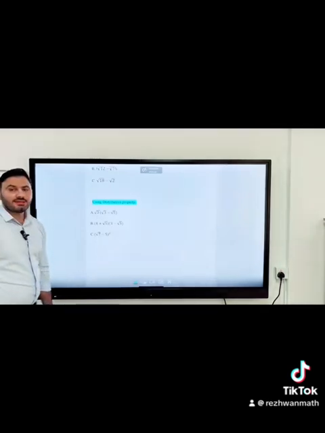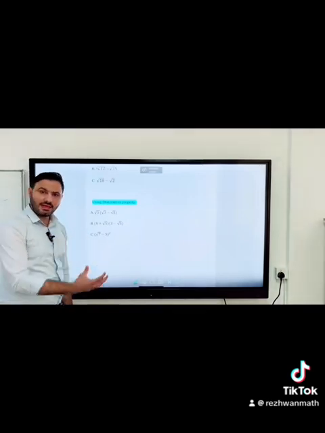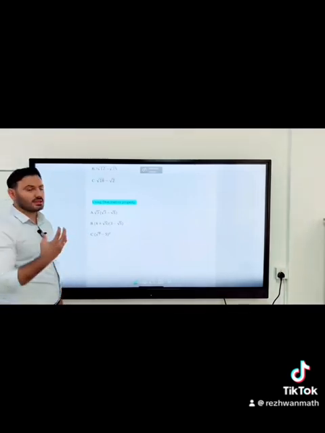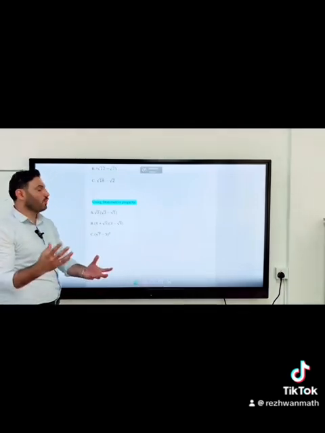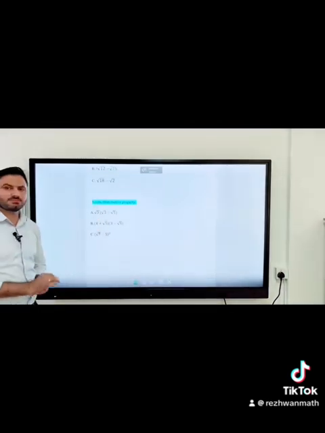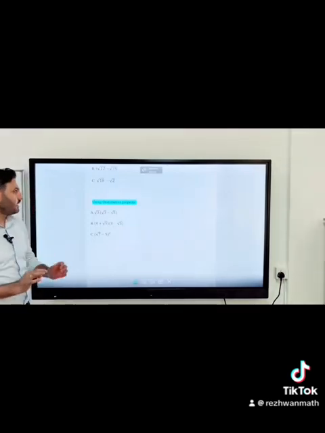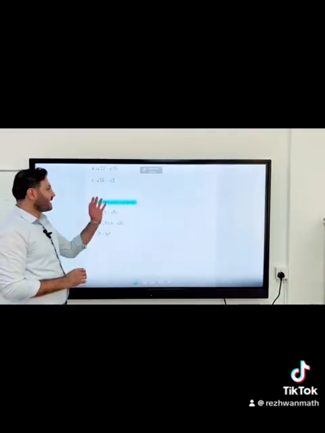We have square root 18 minus square root 2. You have to simplify. What's the simplest form? Square root 18 minus square root 2. Now, you have to choose the factor. We have to choose the factor of 18 where one of them is a perfect square. What's the factor of 18?